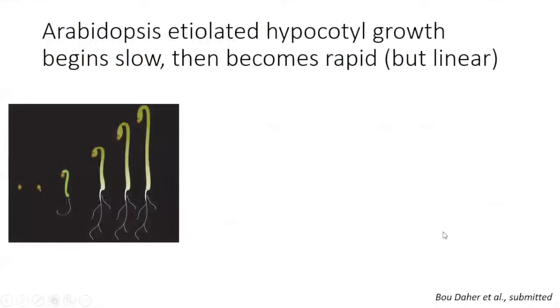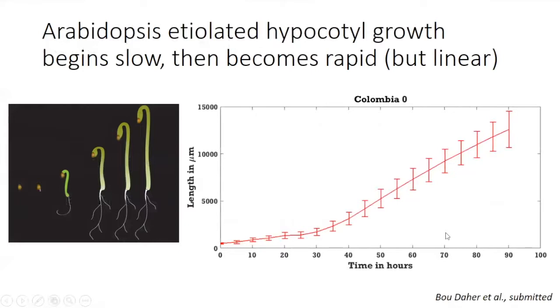So if we take our movies and we quantify the length of the hypocotyl over time, and you've probably seen this before because this is a well-known phenomenon, you end up with what some people call a sigmoidal growth curve. So it's sort of slow increase in length at the beginning, and then you get a transition around 24 hours after germination to this more rapid elongation. And so that's what we're sort of tunneling down into.